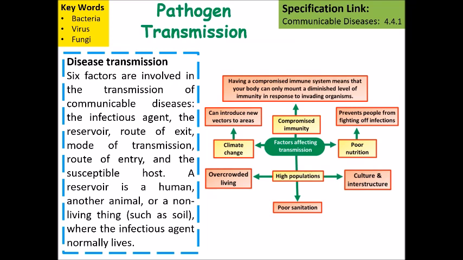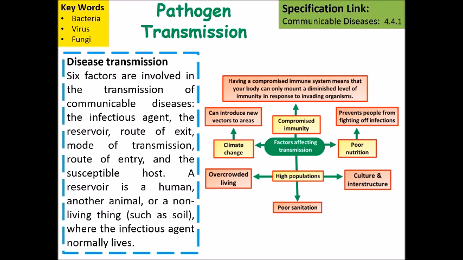There are 6 main factors that will affect the transmission of diseases or the routes of transmission. Some of the main ones involve having high populations. In a high population, there's overcrowding, there's often poor sanitation.